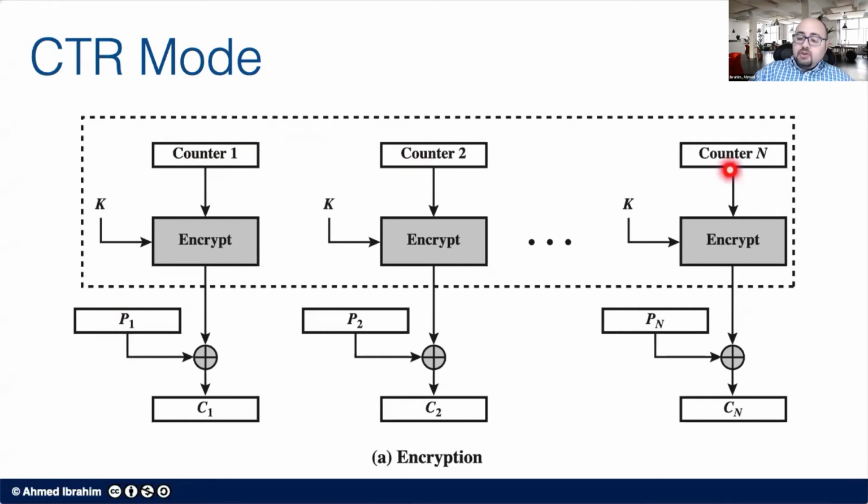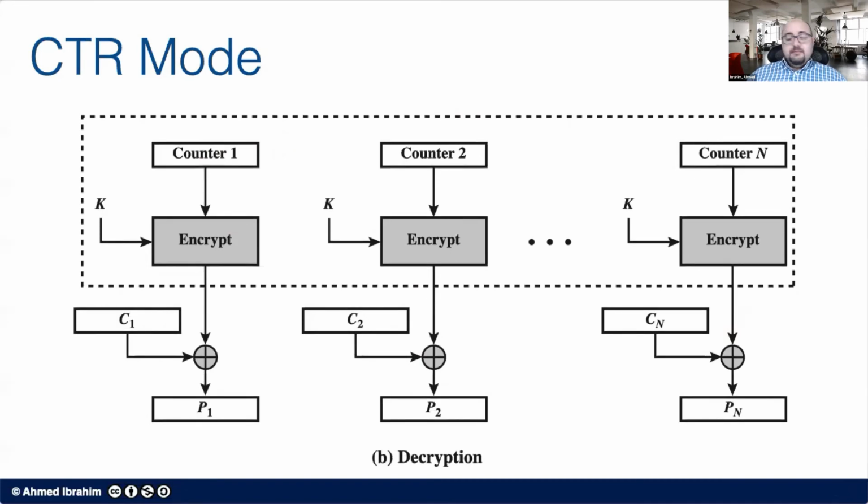And because it's a counter, we can do all of this process in parallel, and then whatever comes out from counter 1 is XORed with plain text 1, whatever comes out from counter 2 is XORed with plain text 2, and so on until counter N with plain text N. So this makes encryption more efficient because you can do all of this in parallel. You don't have to wait like the CBC, as we talked about.